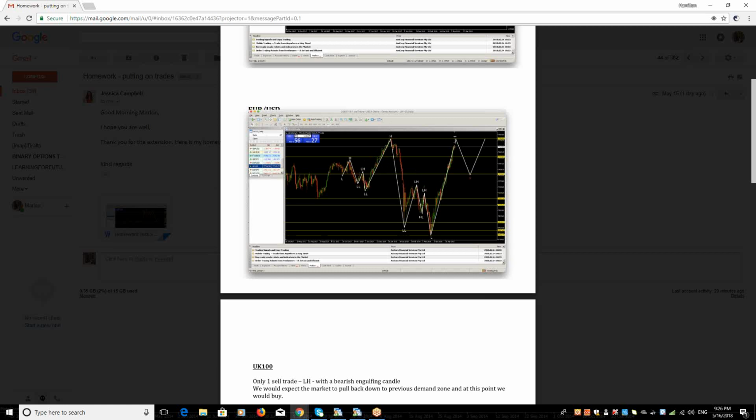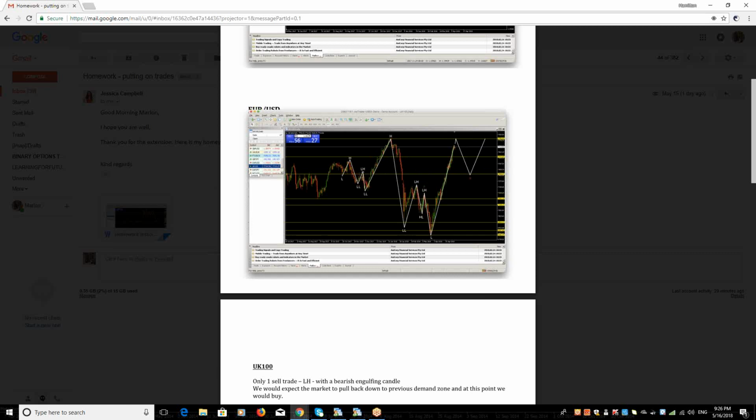Now, what you were looking for is the market to break down and then pull back to the previous zone, so you were looking to buy there. However, sometimes the market won't make this big move. The market will break down slightly because the bulls and the bears are in a fight with each other, pull back up to this zone, and then you'd probably want to take a reversal trade there.